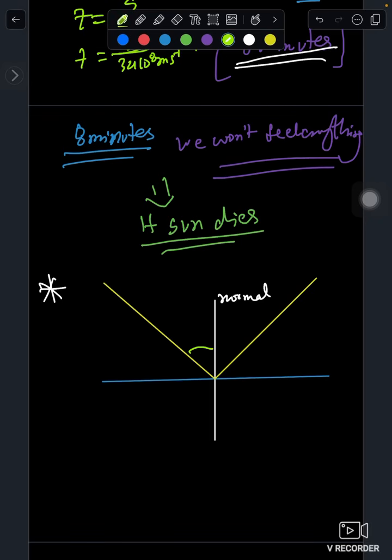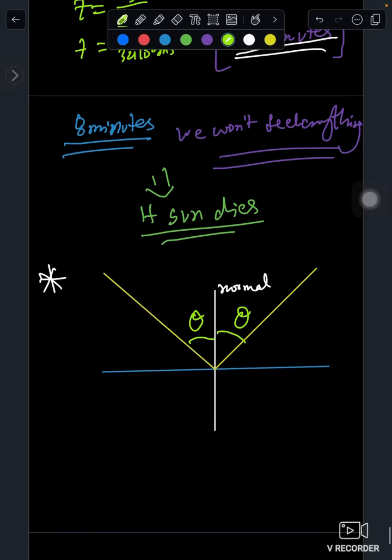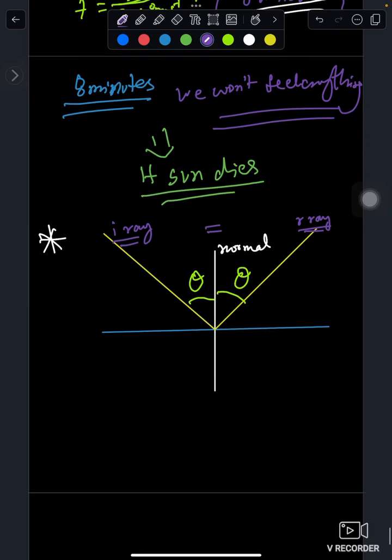So the law of reflection is that the incidence ray equals the reflected ray. What do I mean by incidence ray and reflected ray?